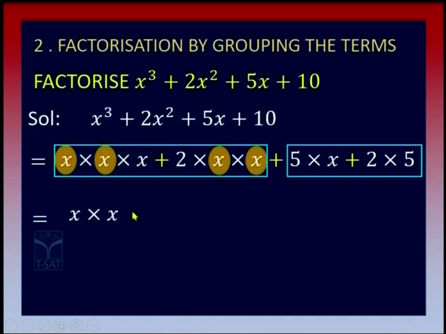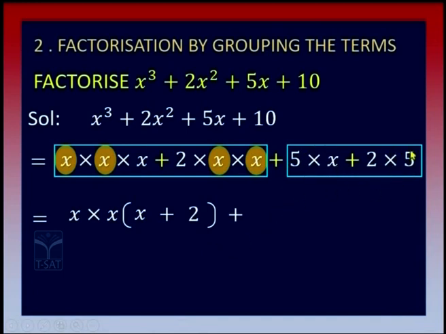So x into x is common from the 2 terms. So I take x into x as common. And what is the remaining part from the first part and second part? So what is the term remaining here in the first part? x plus 2.